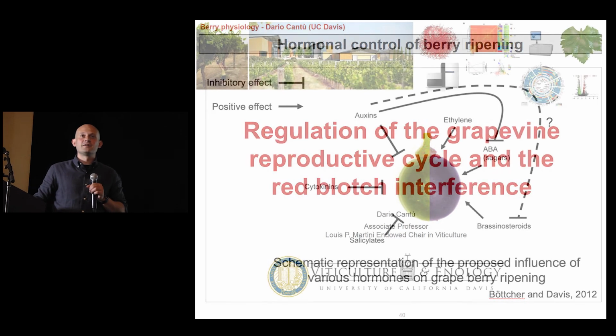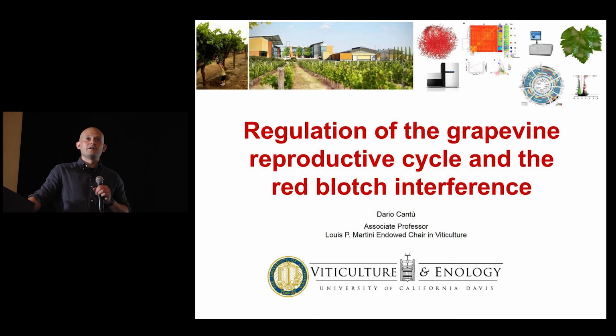Question? Is there a point at which you could apply cytokinin inflorescence formation versus vegetative growth in advance? That's a very good question. And I don't know, I know experimentally it's been done and was successful, particularly because tendrils can be converted into cluster even later during development. But I don't know from a commercial point of view. When you apply these molecules, you always need to think where those molecules end up.